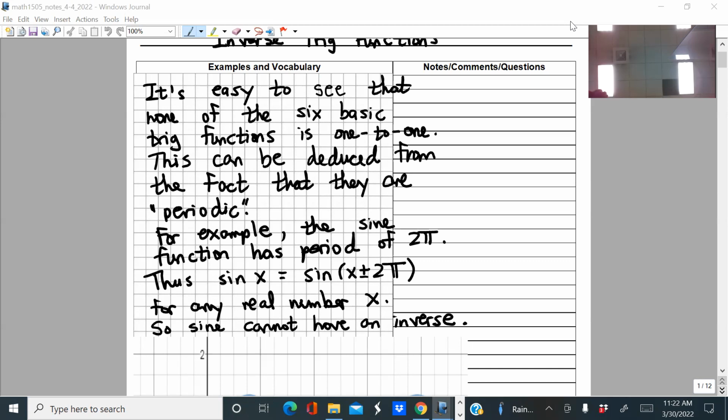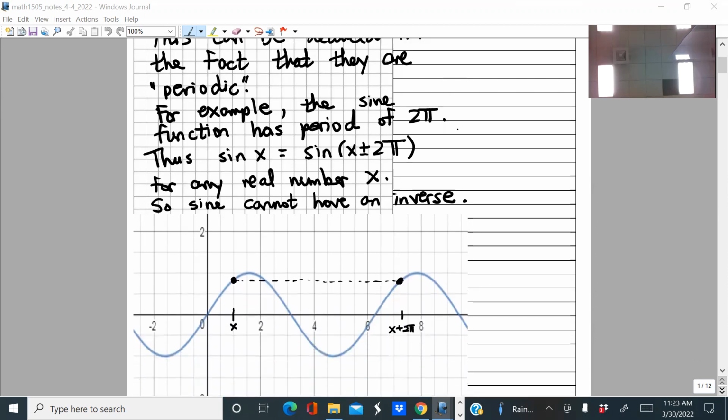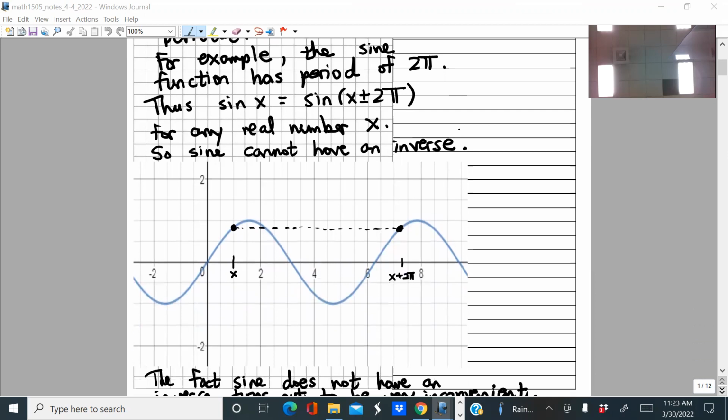They're not one-to-one functions. That's very easy to see, because they're periodic. That prevents them from having inverses the way we described inverses when we were discussing them a couple of weeks ago. For instance, the sine curve. Here's a graph of the sine curve. It's periodic, so it repeats its output values every 2 pi units.